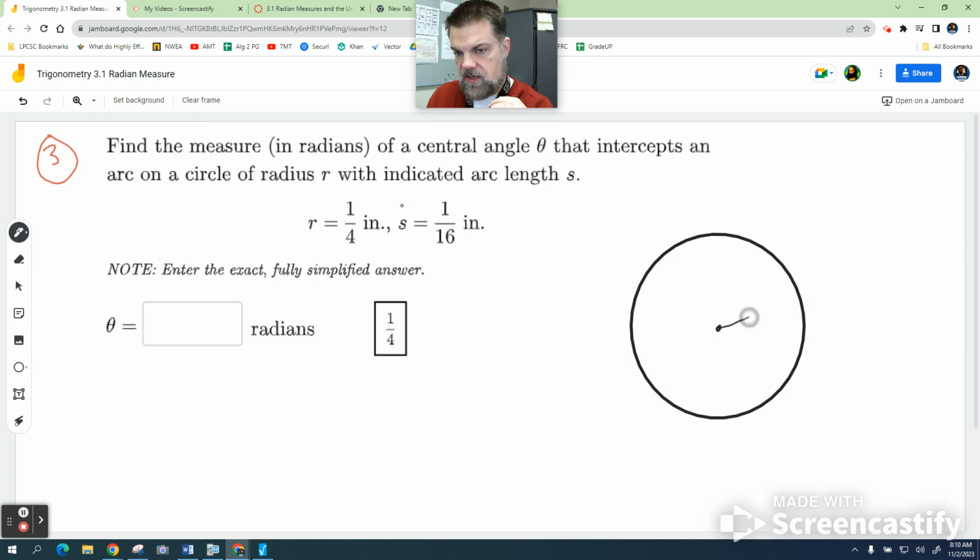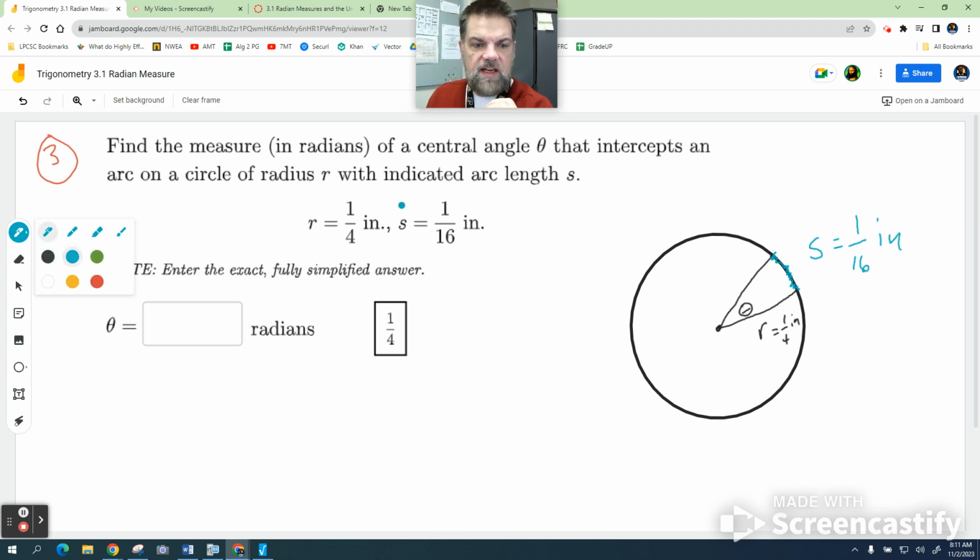There's a radius r, which is equal to 1/4 of an inch. And that radius creates an angle theta, and then we'll have an arc length of s, which is equal to 1/16 of an inch.